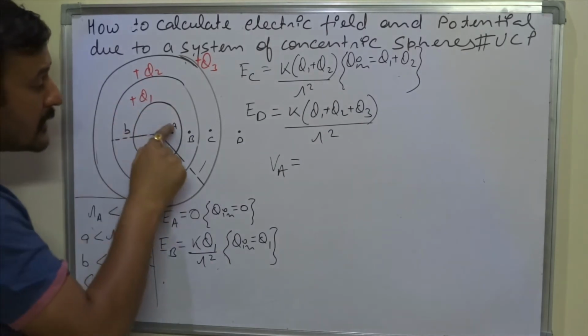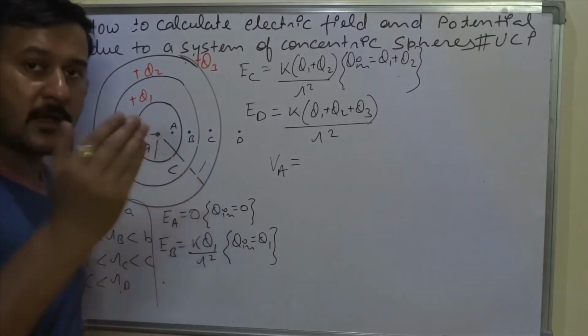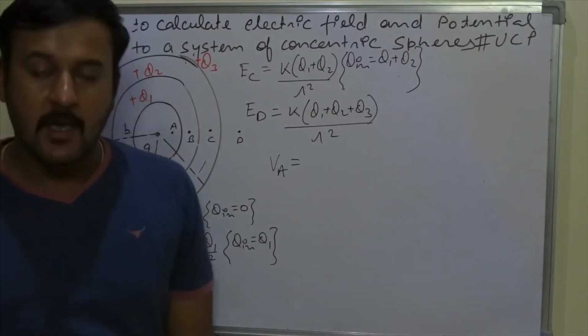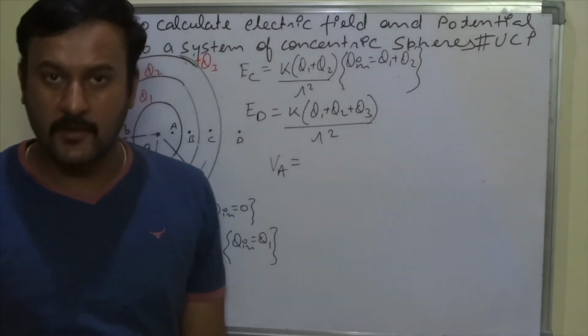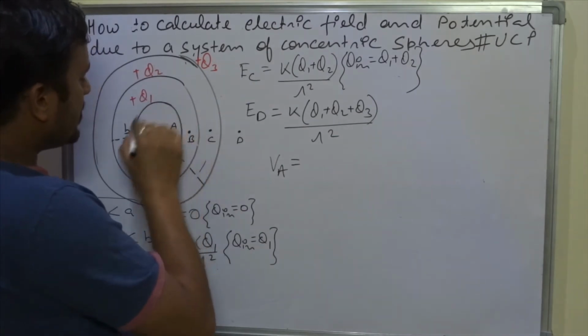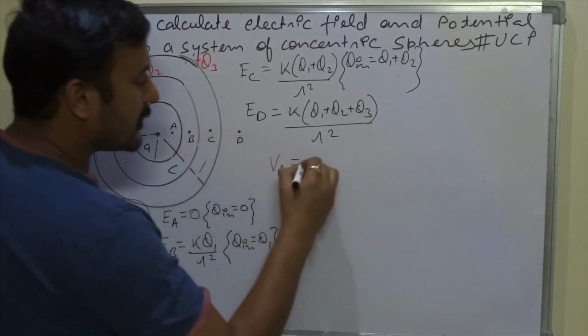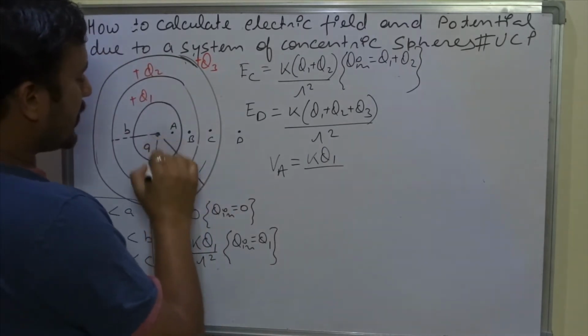In fact, all three spheres are outside that point. So A is the innermost point of the system, and at the innermost point, the potential due to the smallest sphere would be kq1 by its radius. Its radius is A.